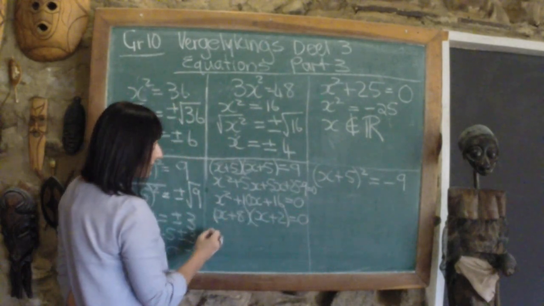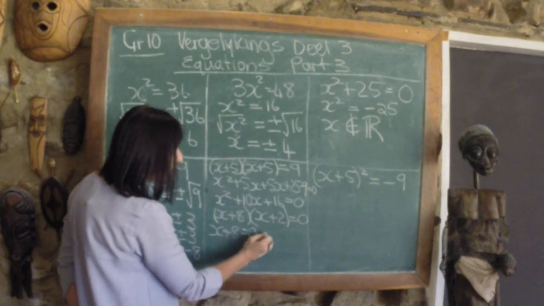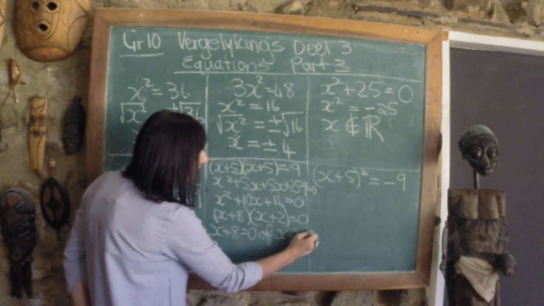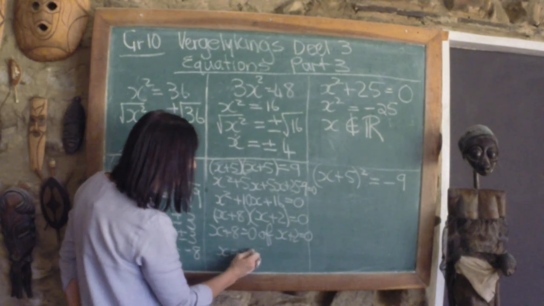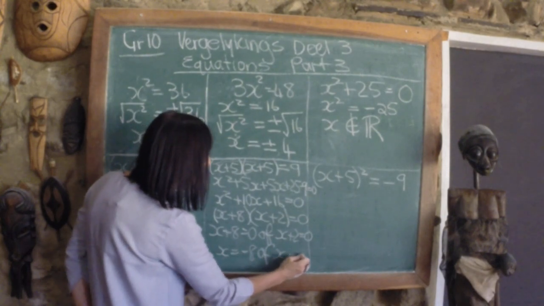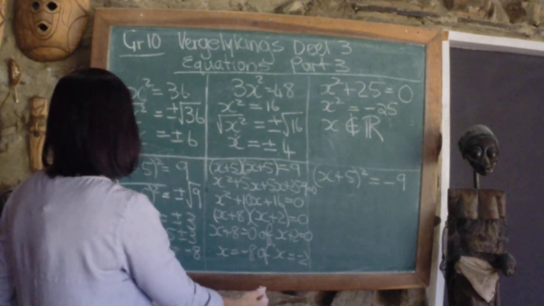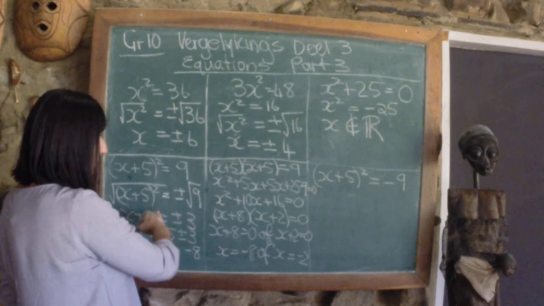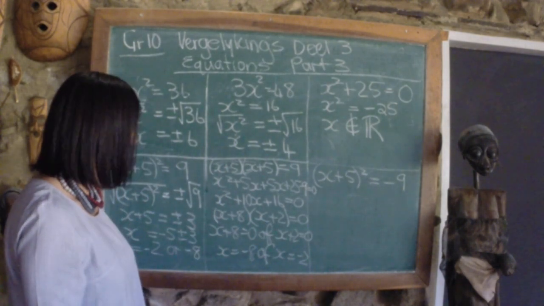So now I've got the zero factor law, x plus 8 is gelyk aan 0, of x plus 2 is gelyk aan 0, daarom is x gelyk aan minus 8, of x is gelyk aan minus 2. Kry presies dieselfde antwoorde. This is the longer way, but then again, if you forget your plus minus, it's better to go the longer way and make sure you get your marks.